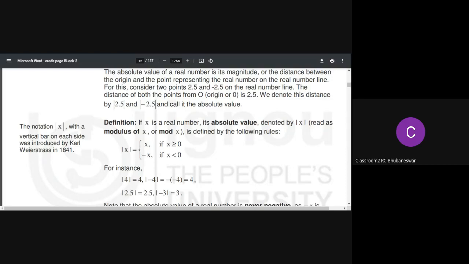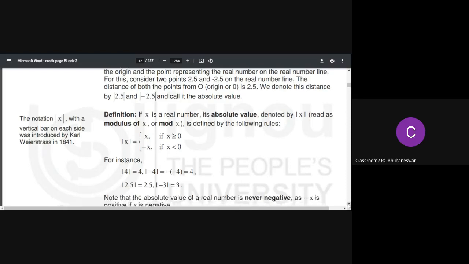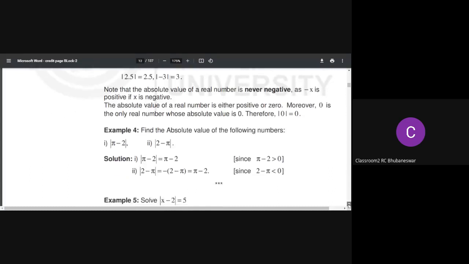The basic rule is that the modulus of x is defined as x when x itself is positive or 0. If x is negative, then the modulus of x is defined as minus x. The same has been discussed with the help of the following 3 examples, which are very familiar to us.